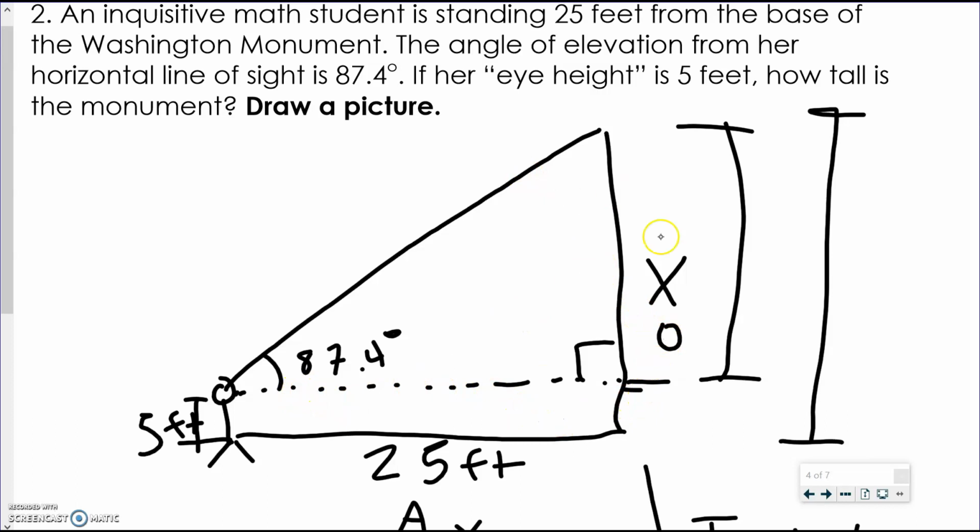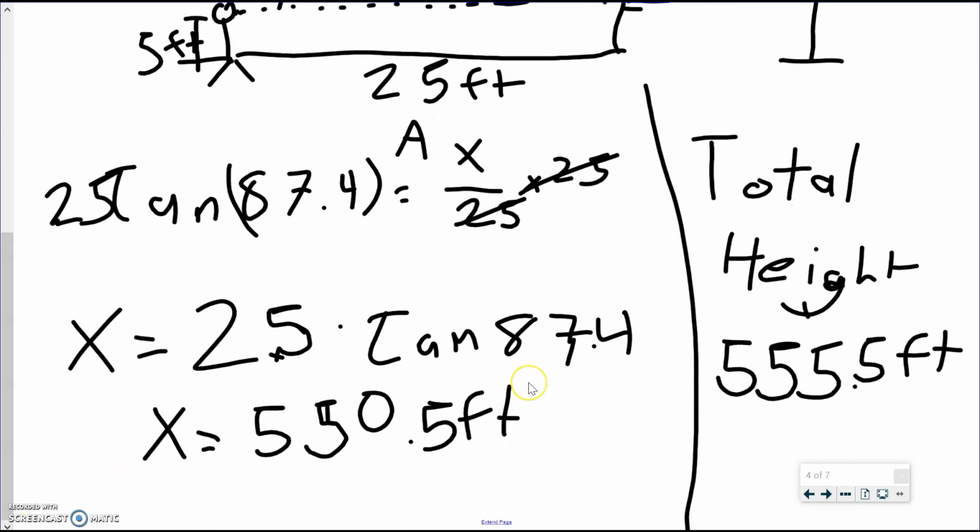And then when we solve for the missing side length over there, we only get the part, the 550 feet, that is above that 5 feet that's above the ground. And so because we need to find the total height, from the ground to the top, and we only know the height from her eyesight to the top, we just add in that 5 feet to get the 555.5 feet. All right.